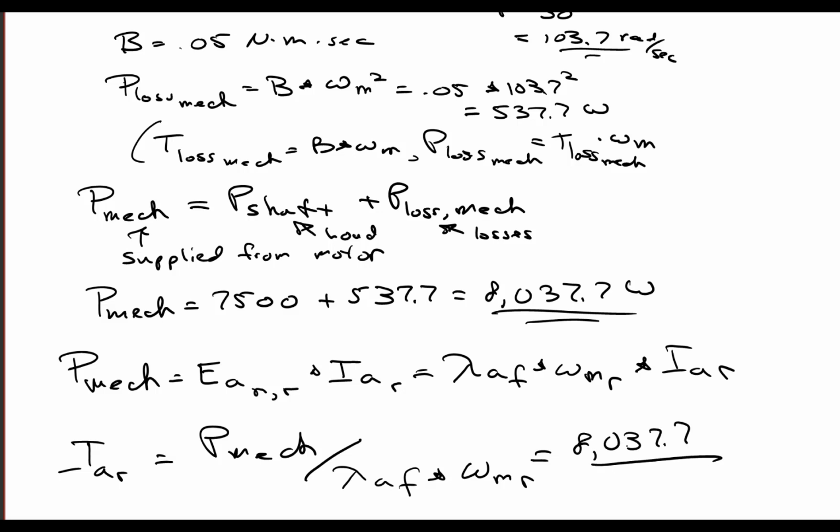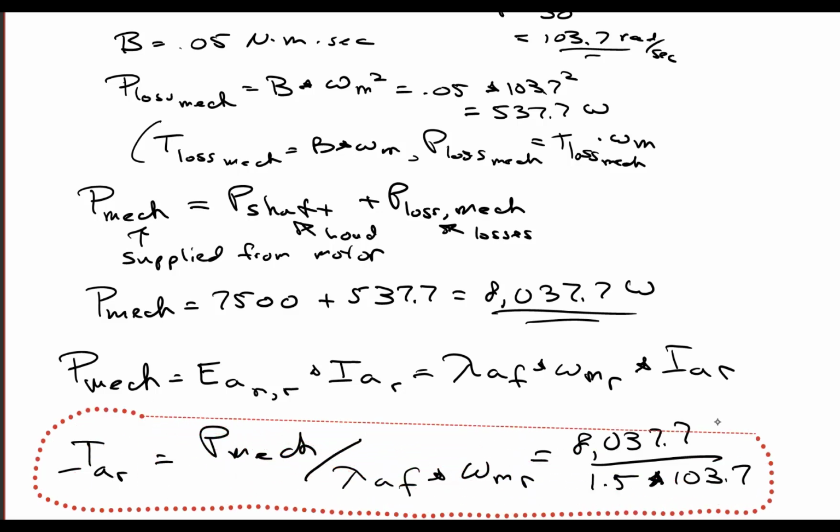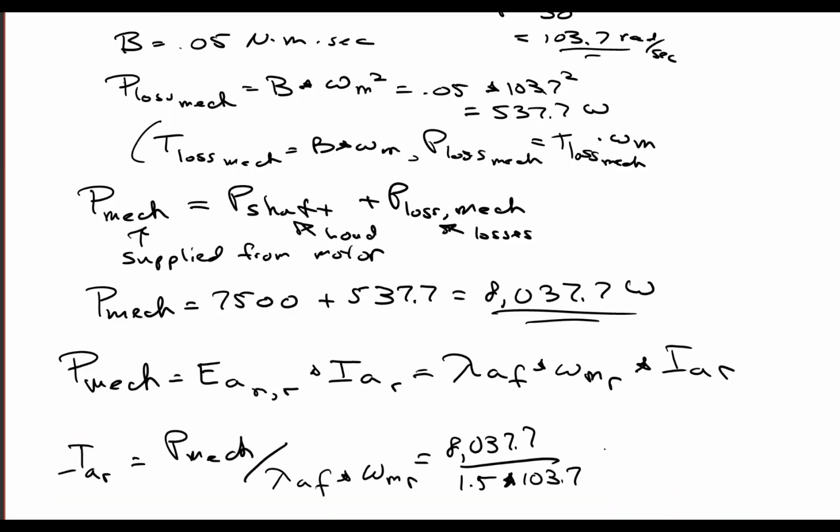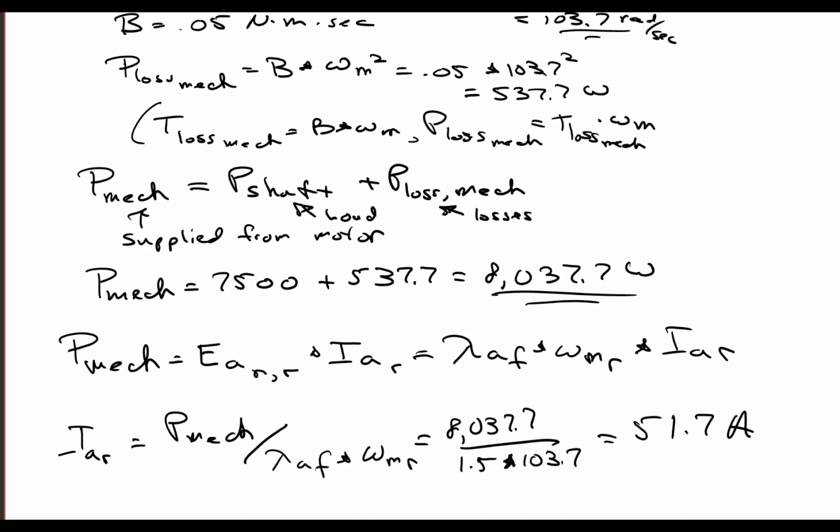And then I gave you the lambda AF is 1.5 volt seconds times 103.7. And that is equal to, so divide the 1.5 divided by 103.7. So it should be 51.7 amps. So we're working this problem back from the load.